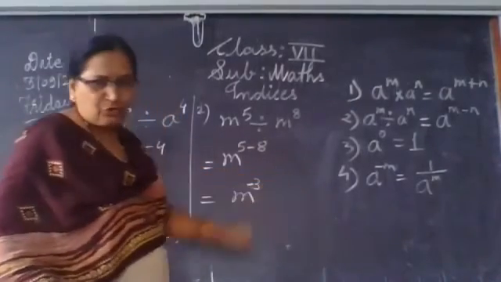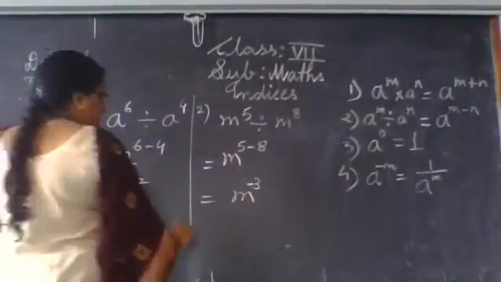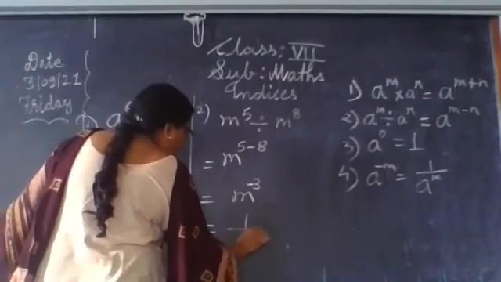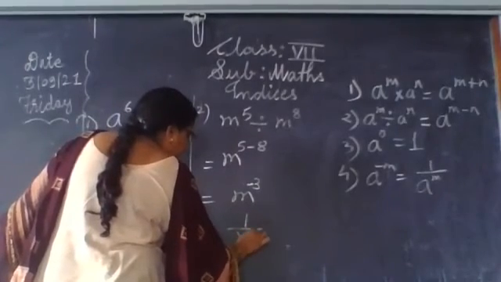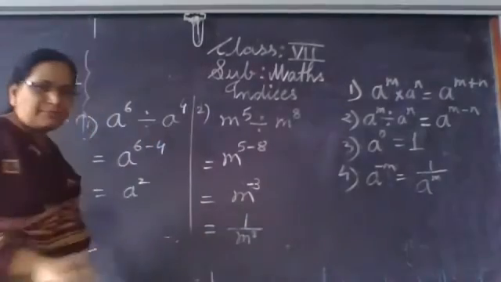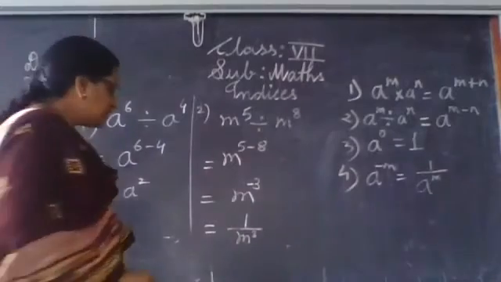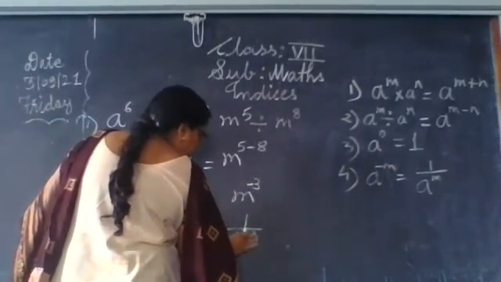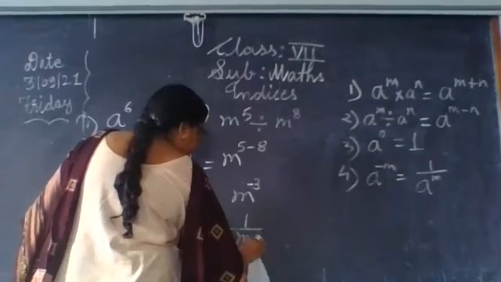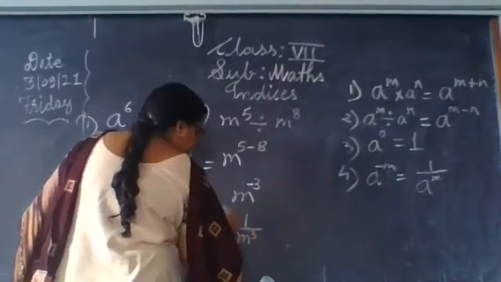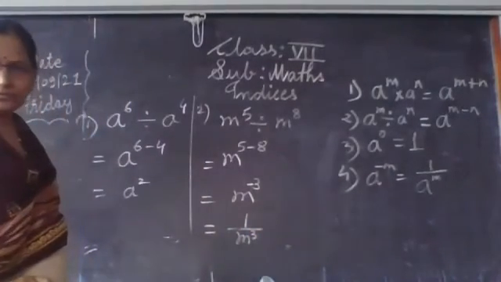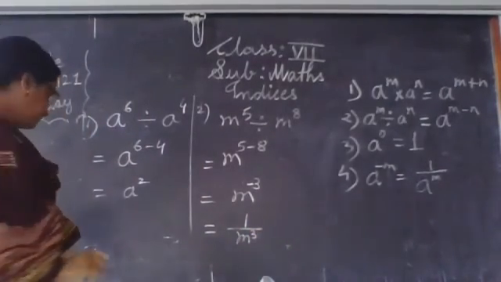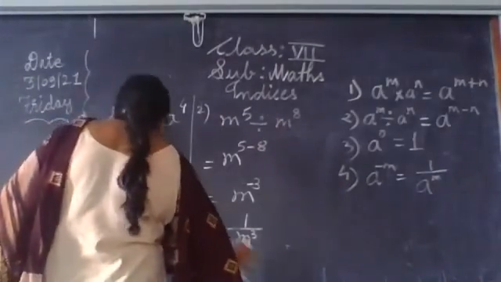Now see the law number 4. So it is 1 upon m raised to the power 3, or m cube. Power 3 is also known as m cube. Got it, beta?